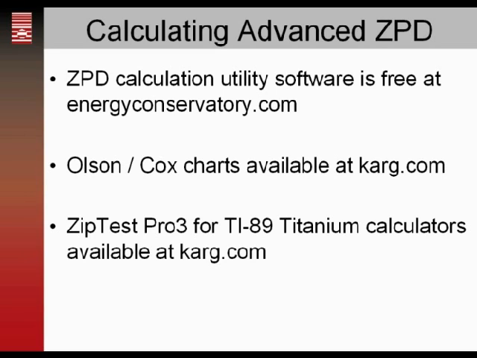And then there's a Zip Test Pro 3 for Texas Instruments TI-89 Titanium calculators, available at the CARG website also, and that's similar software to the ZPD calculation utility, but if you don't have a computer in the field, it allows you, if you have this calculator in the field, to do those calculations.